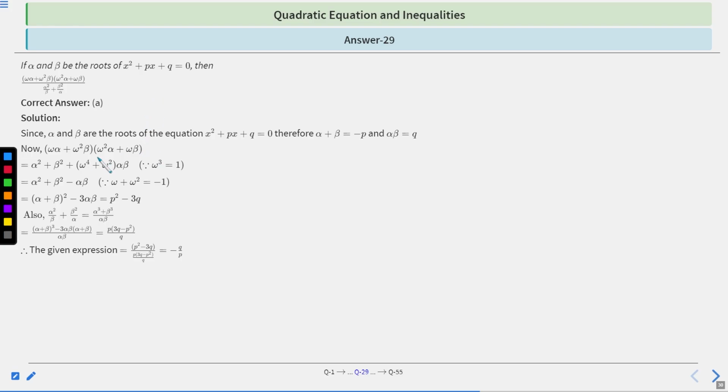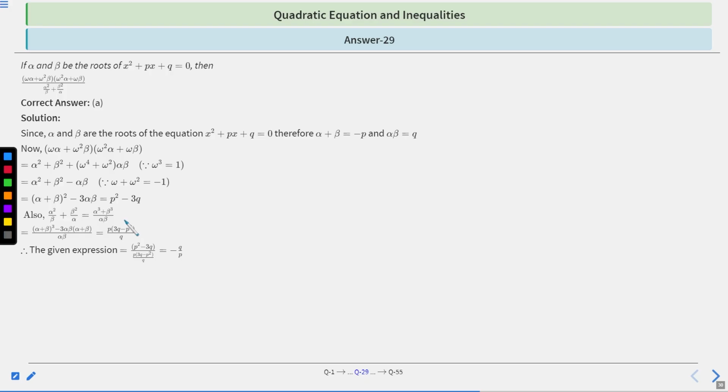Now omega alpha plus omega square beta into omega square alpha plus omega beta can be broken as this, since omega cube is equal to 1 and omega plus omega square is minus 1, and omega to the power 4 is omega. So it can be broken as alpha square plus beta square minus alpha beta.